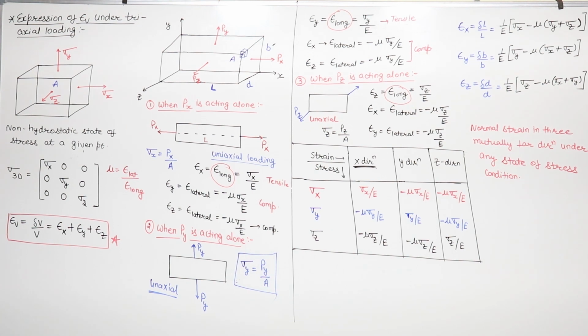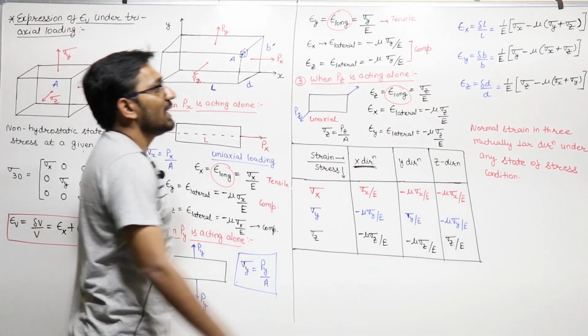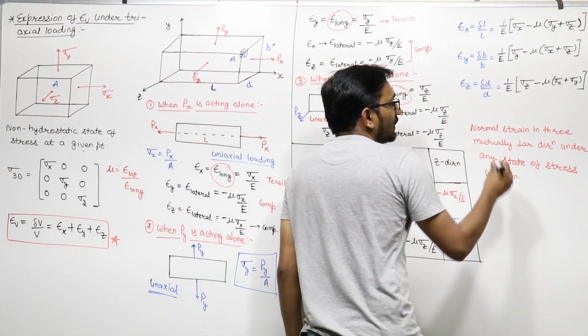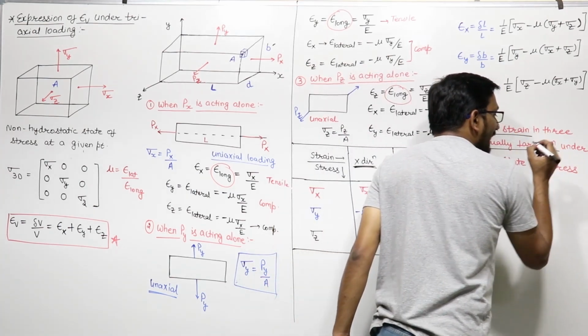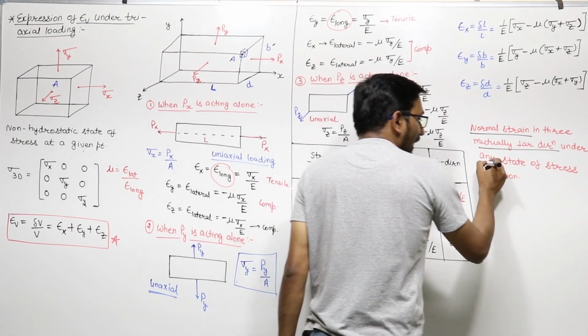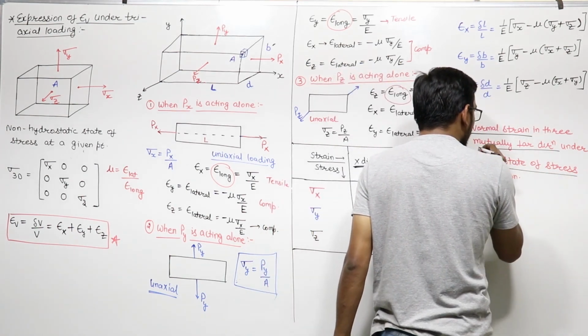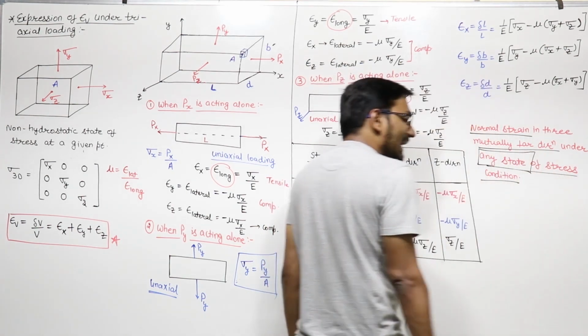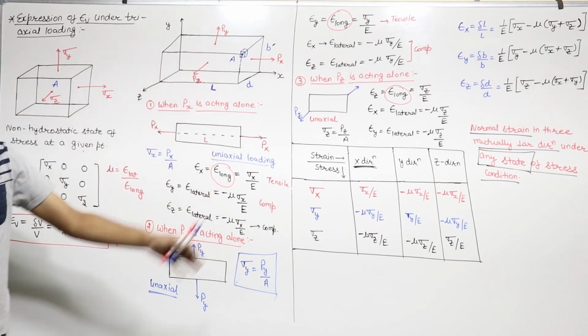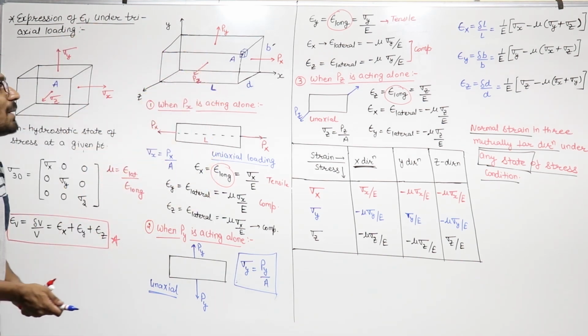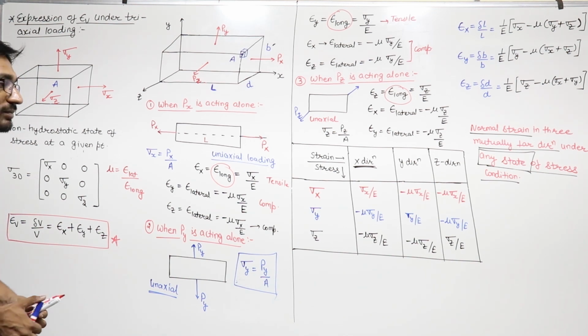These formulas give you the normal strain in the mutually perpendicular directions under any state of stress. Under any state of stress condition, these three formulas will give you the normal strain in these three perpendicular directions, that is epsilon x, epsilon y and epsilon z.